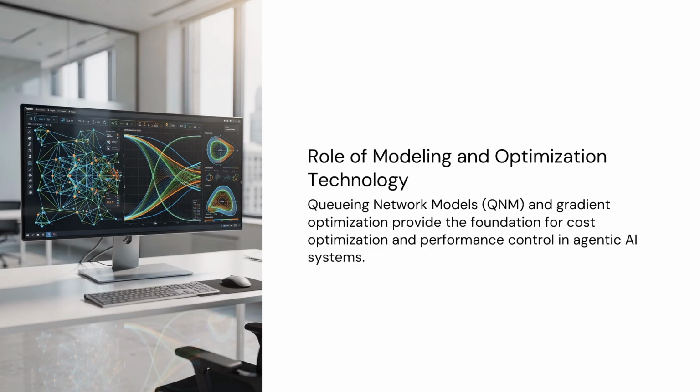What will be the minimum configuration and cost needed to meet service level goals when the number of agents and agentic workload increases? Or which agentic platform is the most cost effective for our specific workload? And when agents are in production, how to optimize dynamic capacity management decisions? So modeling and optimization turn governance of agentic AI into an engineering discipline.